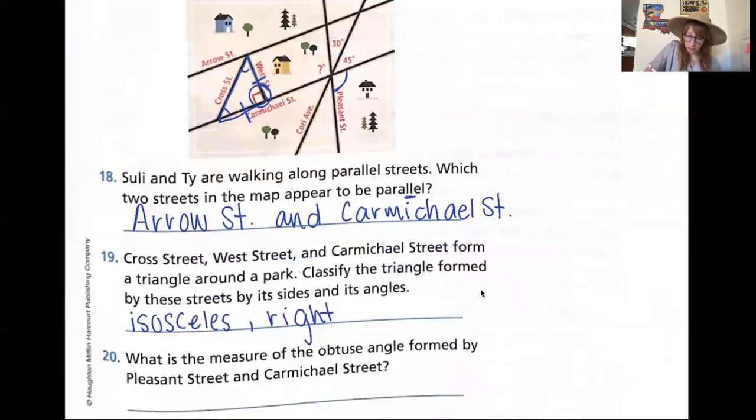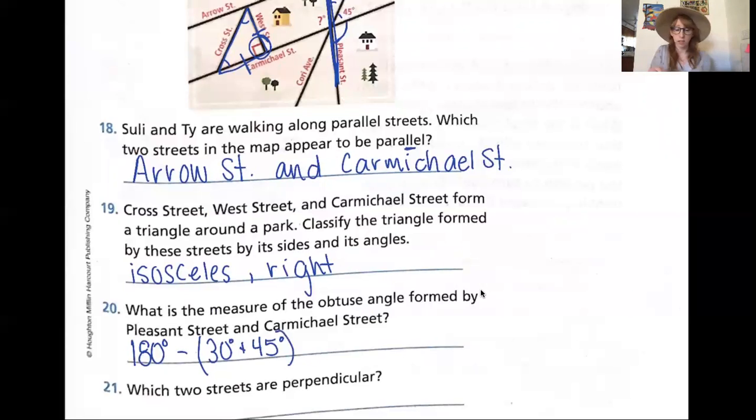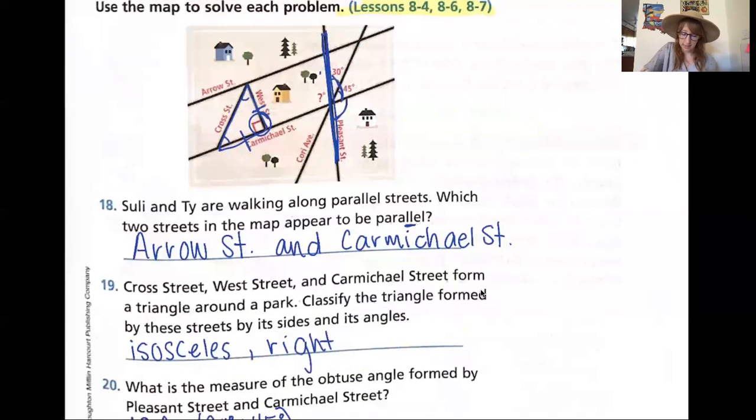And we know that Pleasant Street, when we have a straight angle, equals 180 degrees. And we have 2 parts of the whole of 180 degrees. We have 30 degrees and 45 degrees. So we're going to take 180, because that's our total, and subtract 30 plus 45, because that's our part, and this angle makes up the other part of the whole that we know.